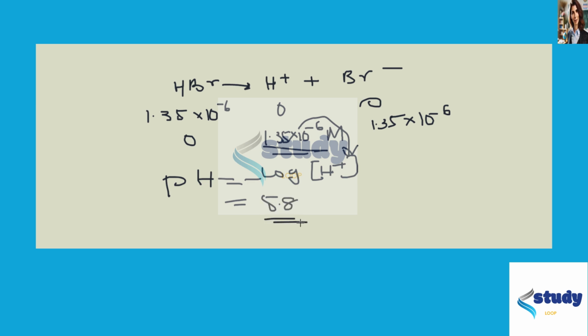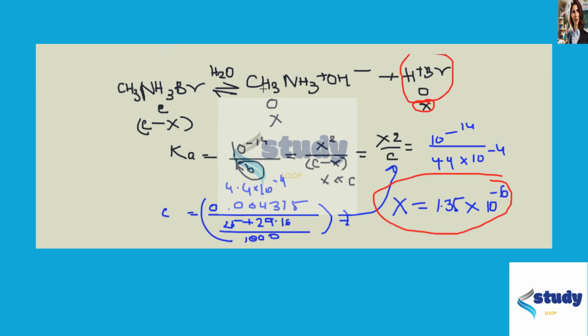5.8. Now stop and ask yourself if that's reasonable. So you started with base, you completely neutralized it with acid, but the salt you formed, which is this, hydrolyzes to give a weak base and a strong acid.